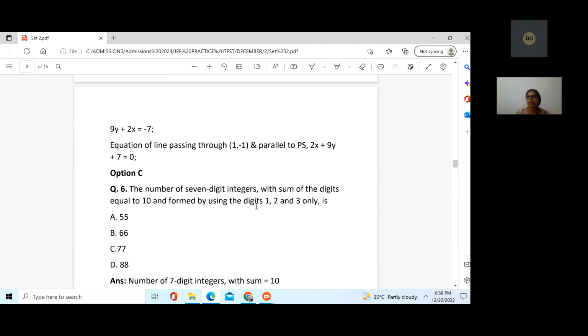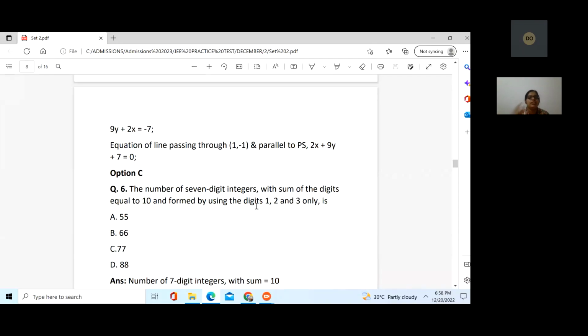So I'm having different criteria. I need to satisfy all these criteria, and I need to find the answer.